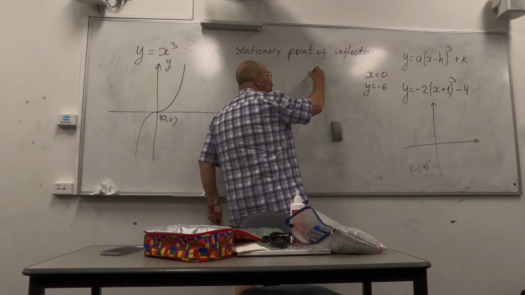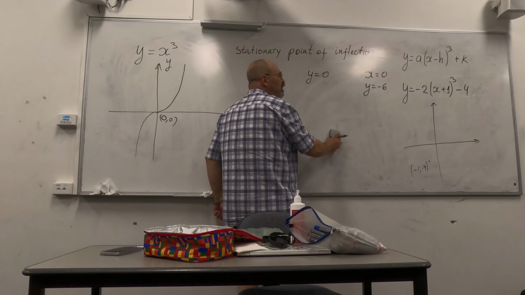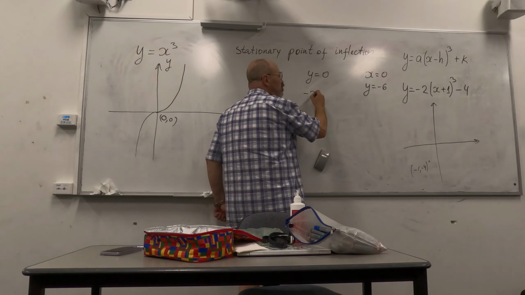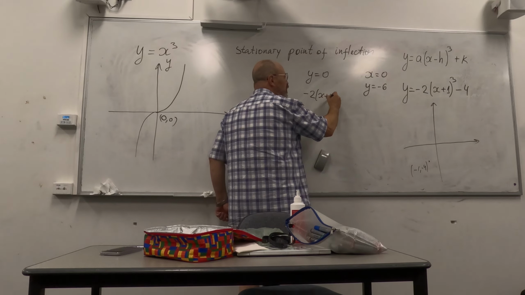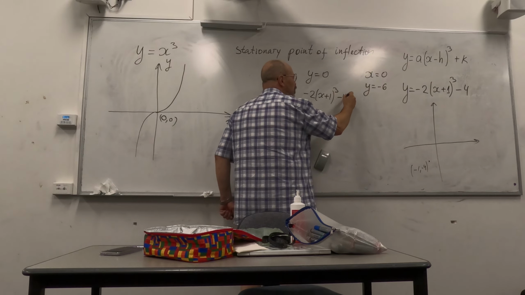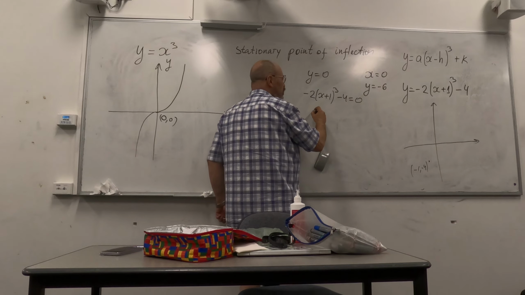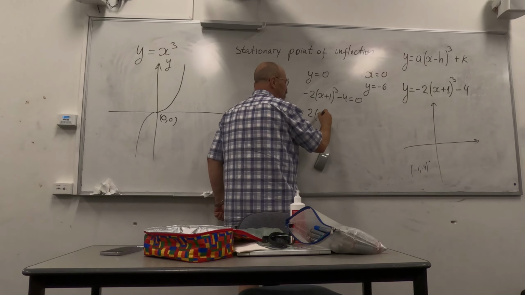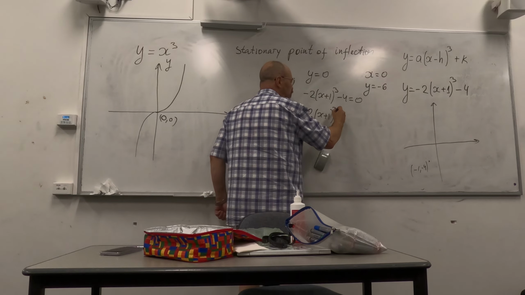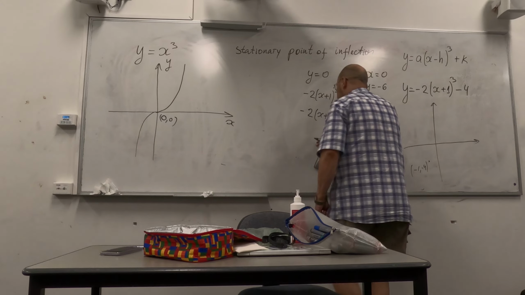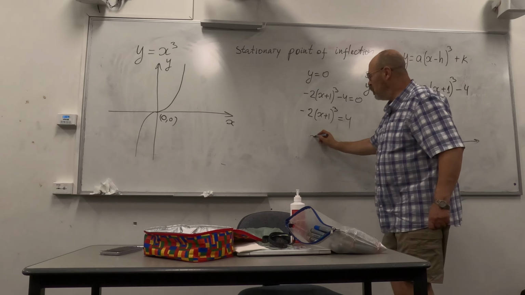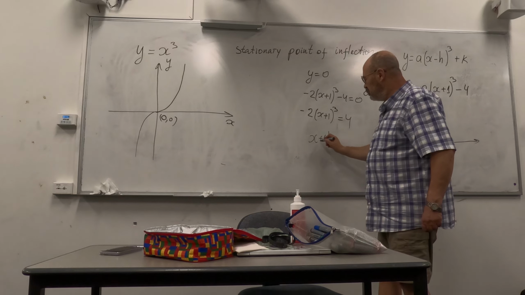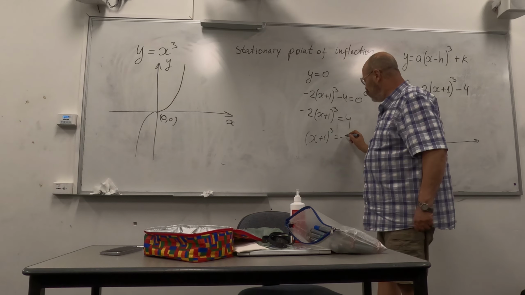Let's take y equals 0. We'll get -2(x plus 1) cubed minus 4 equals 0. So we get -2(x plus 1) cubed equals 4. So (x plus 1) cubed equals -2.